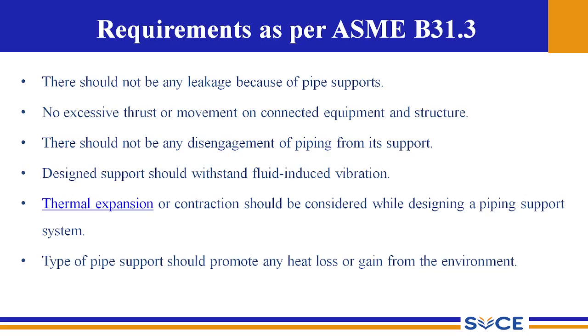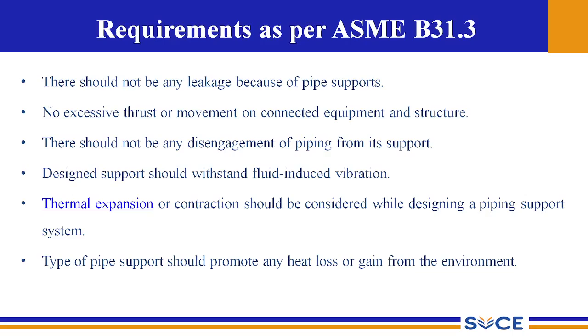ASME B31.3 is for all process piping, and the requirement as per this code is that there should not be any leakage because of the pipe support installation. If we are installing any pipe supports, it should not damage the main pipeline.